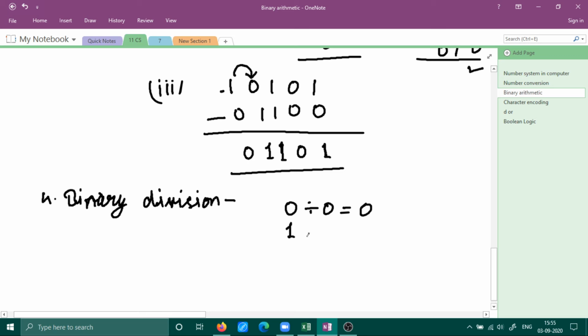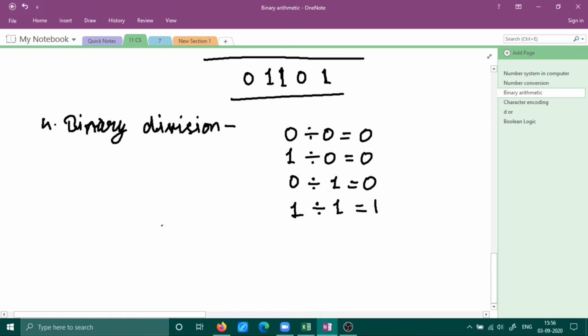If we divide 1 by 0, this becomes 0, unlike normal decimal numbers where any number divided by 0 becomes infinity or undefined. And also 0 divided by 1 becomes 0, and 1 divided by 1 becomes 1. So these are the basic rules of binary division.